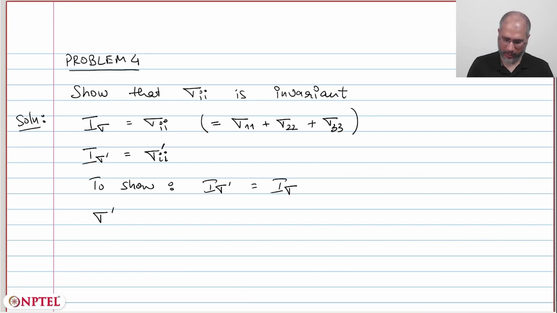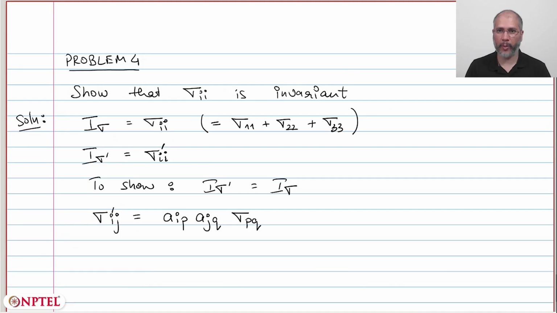So that's the I of sigma prime, that's the transformed. So let's write what sigma prime ij is first. That, you know, from the tensor transformation rule, is A IP, A JQ times sigma PQ.